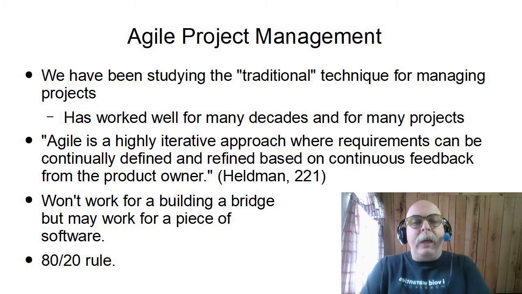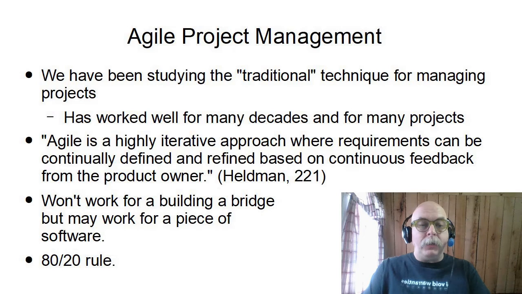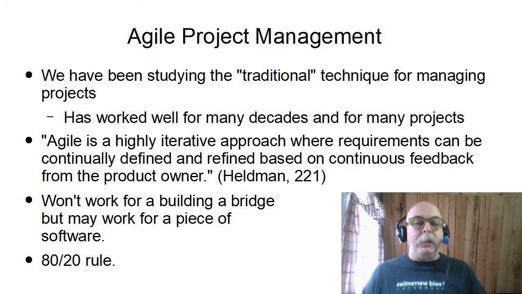And that has worked well for lots of projects for a long time. It's a robust way. And if we're going to build a bridge or build a building, build something large, do a large commercial project, doing project management the way we've been talking about it works really well. But for some kinds of projects and for some teams and for some items, an agile methodology works better.